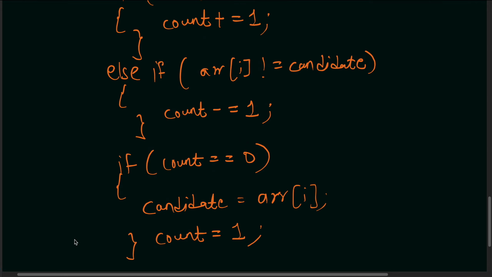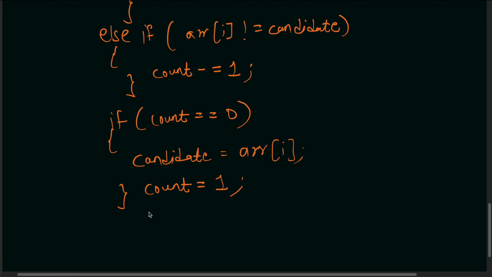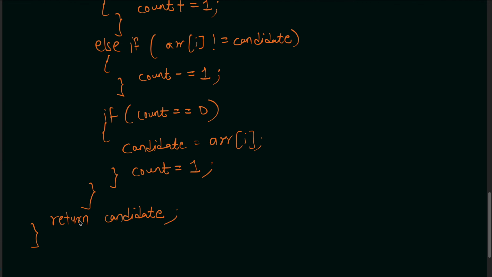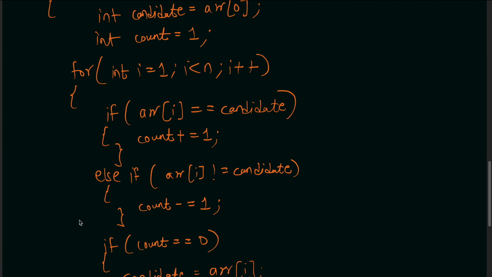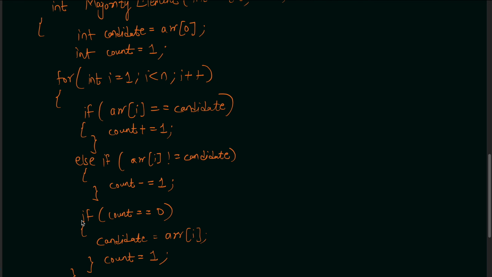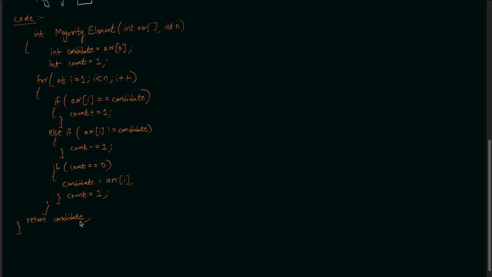So this was the updation that we have to do when the count becomes 0, right? And we will end our loop. And then we will return candidate, because that candidate will be the majority element, right? So this is the entire code to find the majority element present in the array, right?